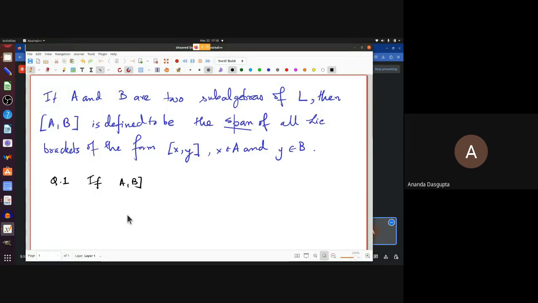Now, what do you mean by span? Okay, span is if you have a bunch of vectors and you take all possible linear combinations of them, that is called a span. This is a linear algebra statement.